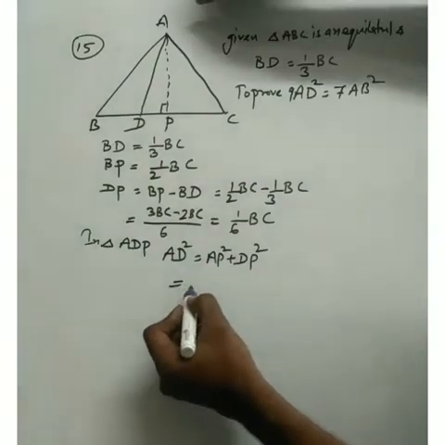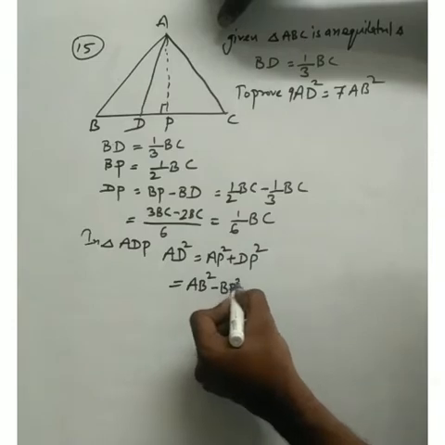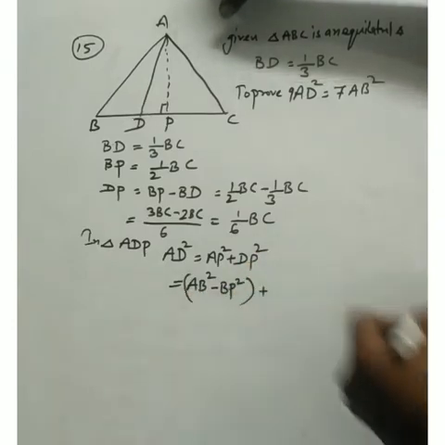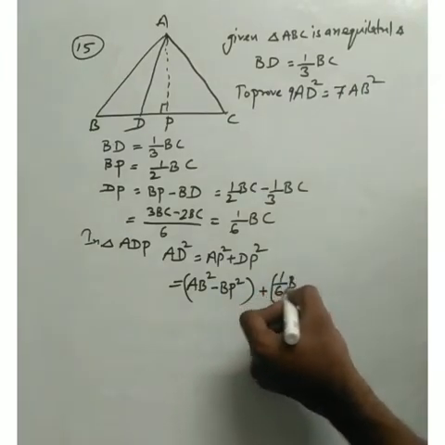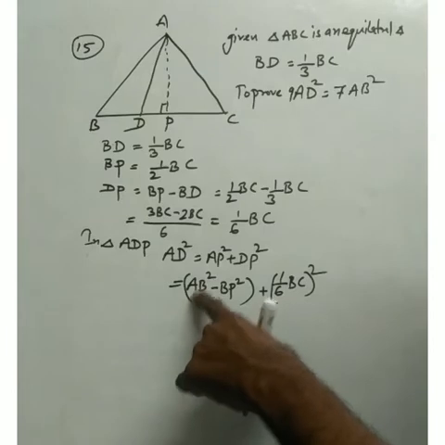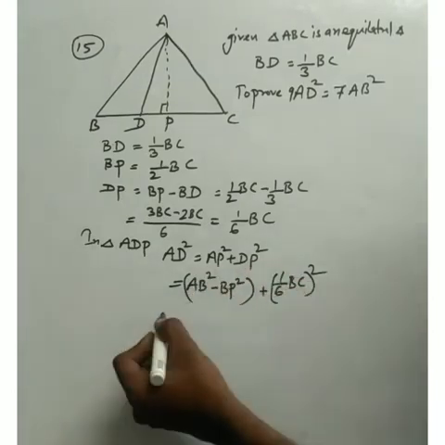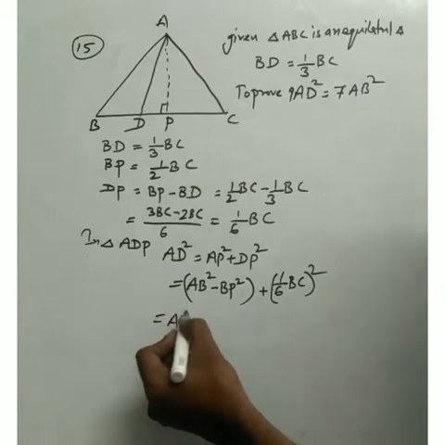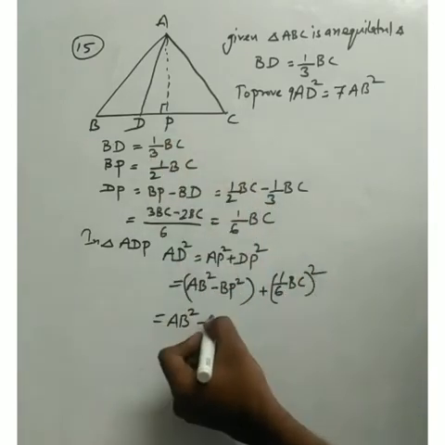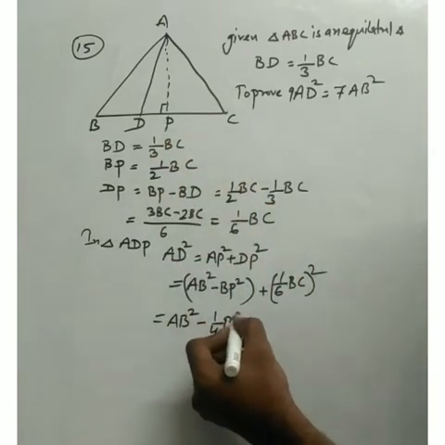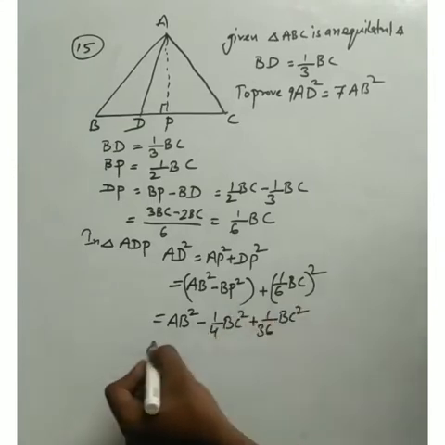AP square is AB square minus BP square, plus DP square, where DP is 1 upon 6 BC. Square of this is 1 upon 4 BC square plus 1 upon 36 BC square.